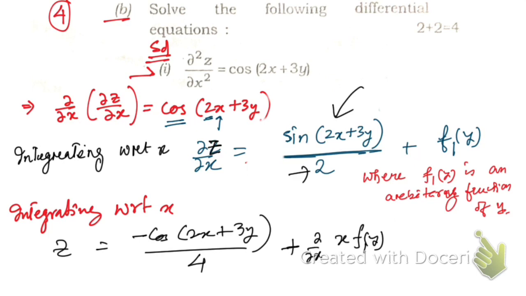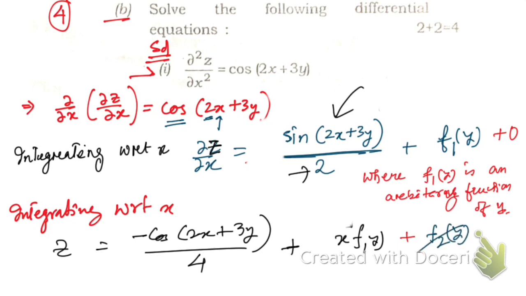So that's why integration of f1 of y is equal to this. You can write that way. And again, suppose there is a 0, so you can consider f2 of y, here you can write f2 of y.